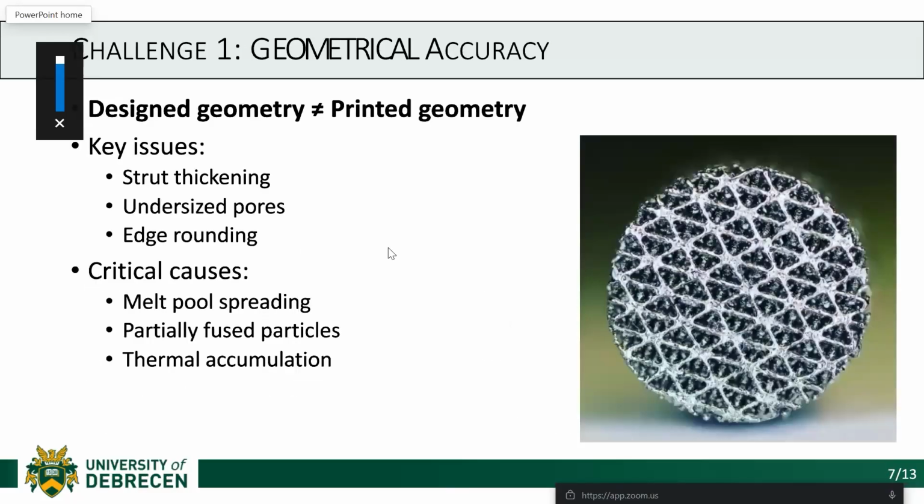So let's see what kind of challenges we can face during these technologies.